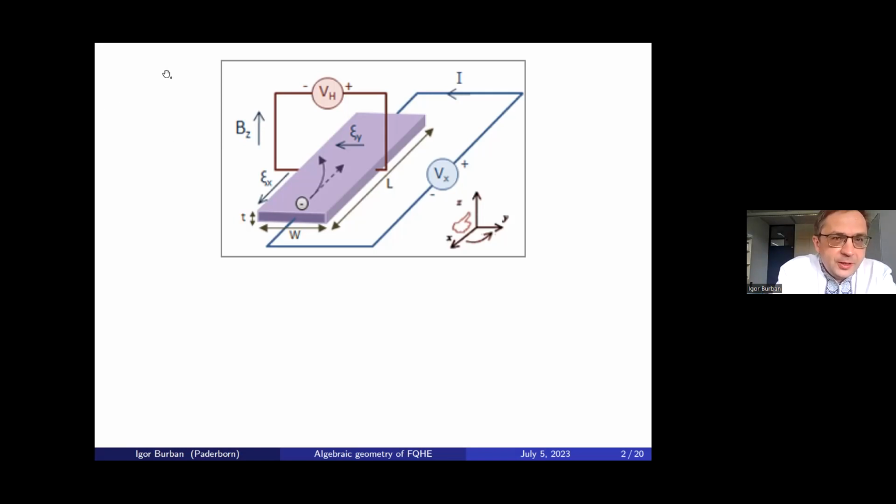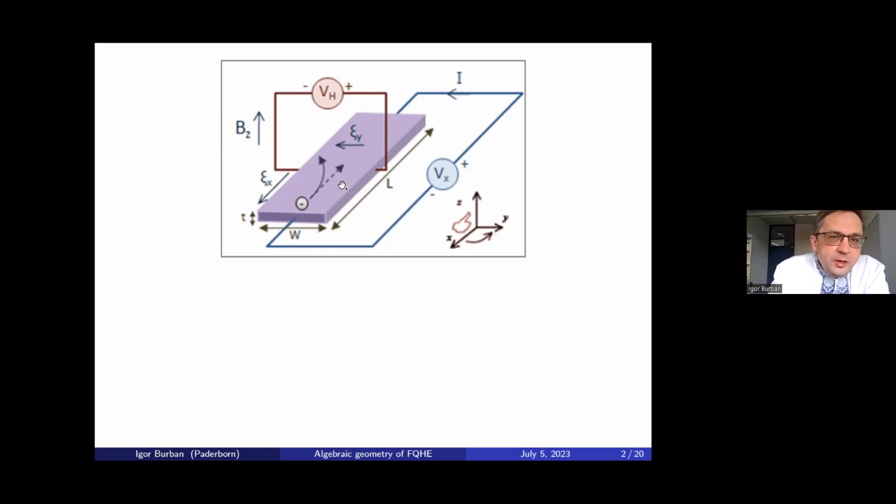It is indicated by this letter B. And now, electrons moving in my sample are affected by the Lorentz force, which has as a consequence that, let's say, there are more electrons on the west than on the east because of the magnetic field, and we get an induced voltage, so an induced electric pressure.